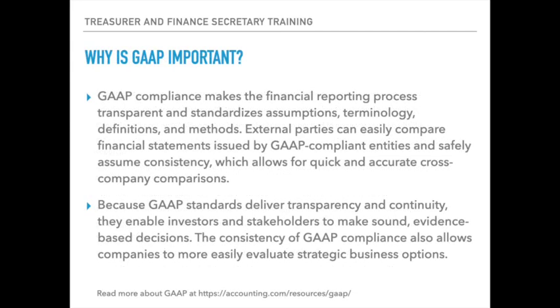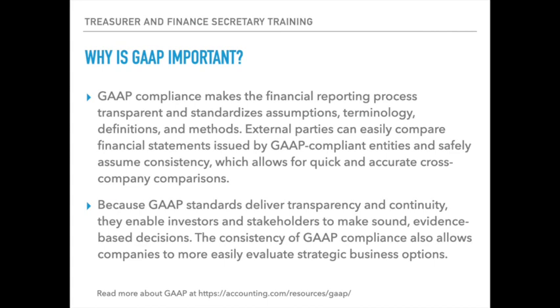Why is GAAP important? GAAP compliance makes the financial reporting process transparent and standardizes assumptions, terminology, definitions, and methods. External parties can easily compare financial statements issued by GAAP-compliant entities and safely assume consistency, which allows for quick and accurate cross-company comparisons.